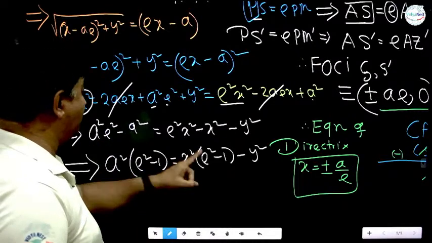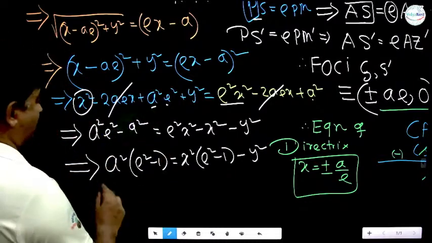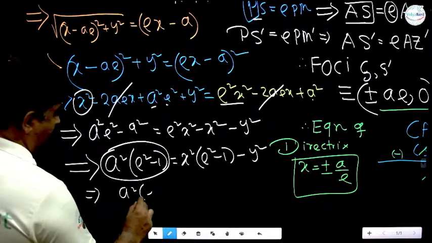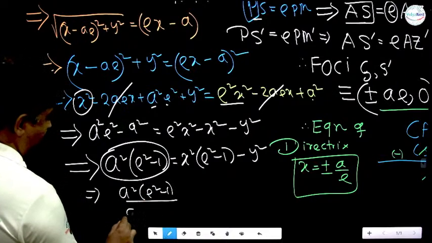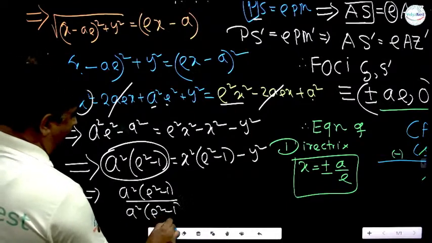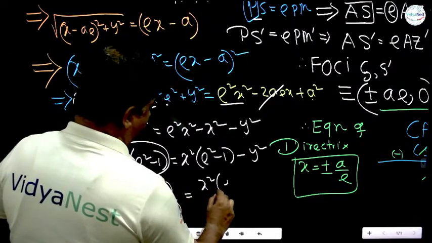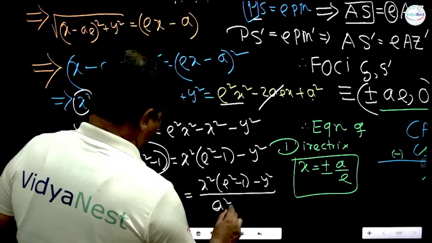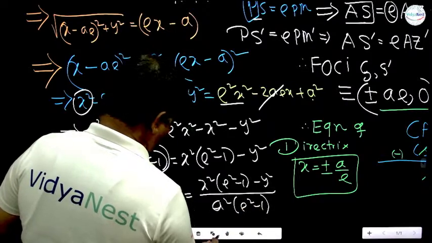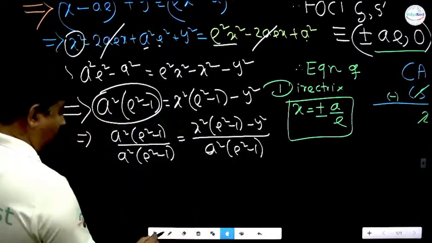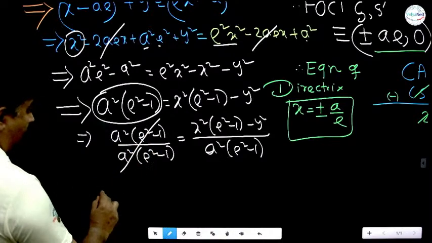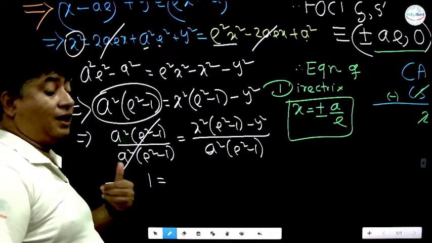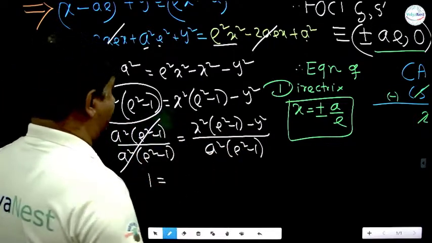I will divide both sides by this part, this algebraical component. So you divide left hand side by this and also right hand side by this. Okay. Okay, sir. In left hand side, this will be cancelled and our desirable 1 has come, and this part you split.